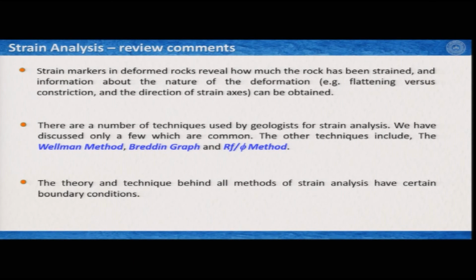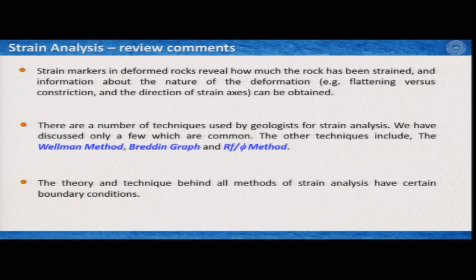I have just given you some very commonly used ones that can easily be operated in the field, or with your computer, or with a piece of paper. But there are many other techniques for measuring strains. I just mentioned a few like the Wellman method, the braiding method and the RF/phi method. In the books I referred to, all these three techniques are described. So, if you are interested, you can go and have a look.